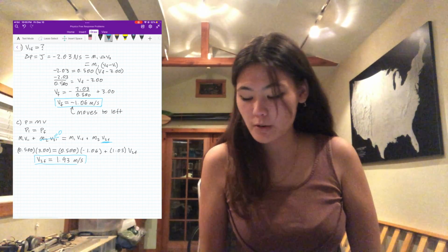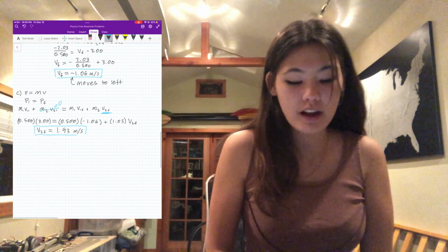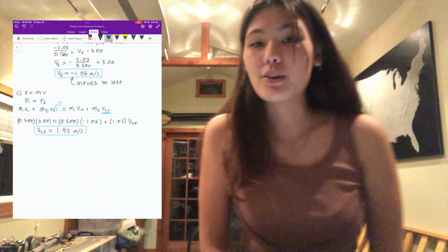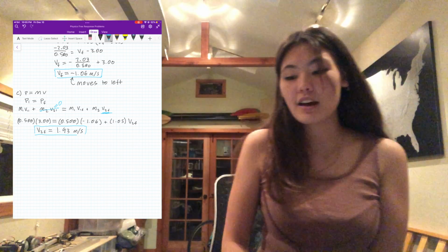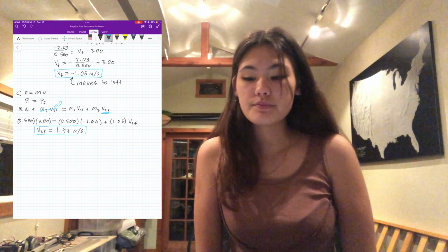For part C2, show that the collision between the two carts is elastic. So elastic collisions mean that not only is momentum conserved, but energy is conserved. Elastic is, in this case, a spring.